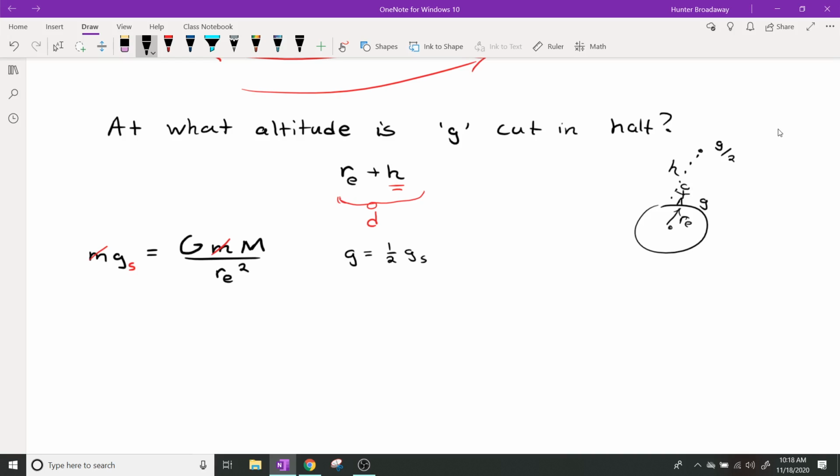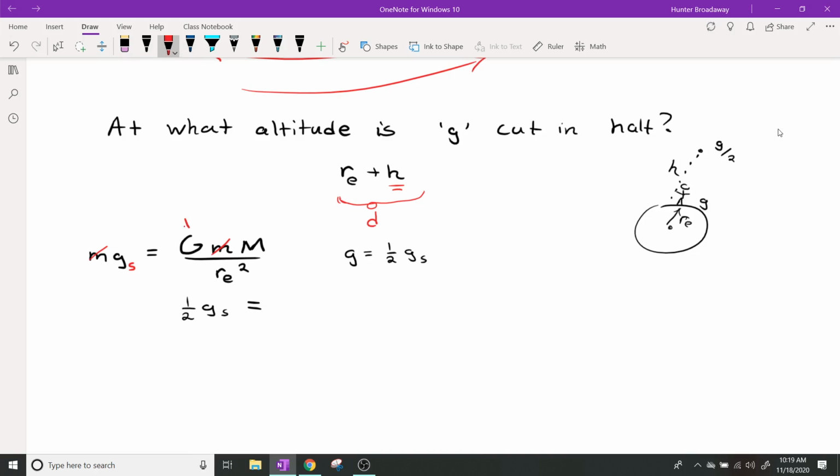Okay. So I can say that half of our surface gravity is equal to what happens over here? Okay, think about this.